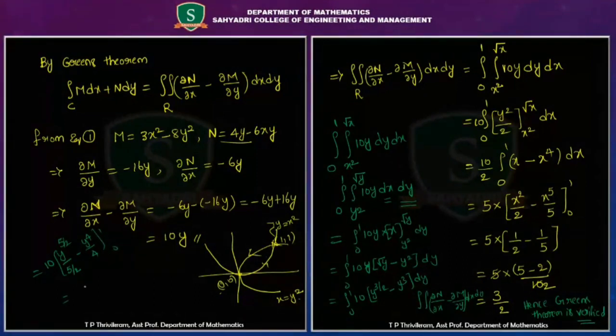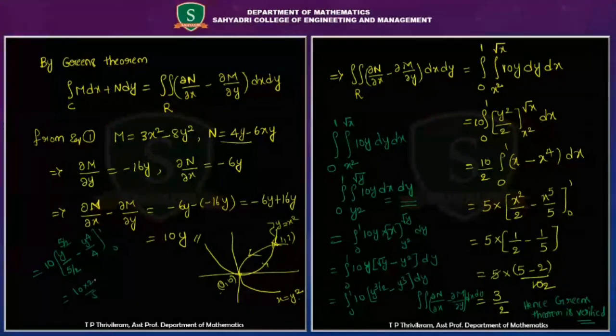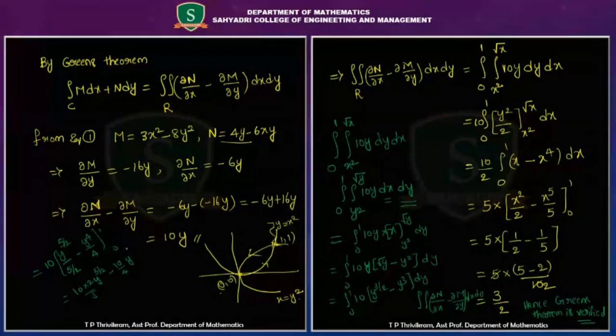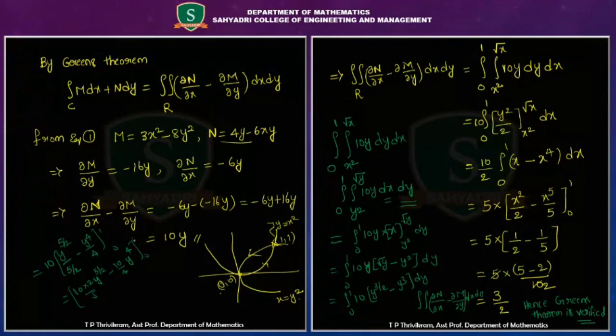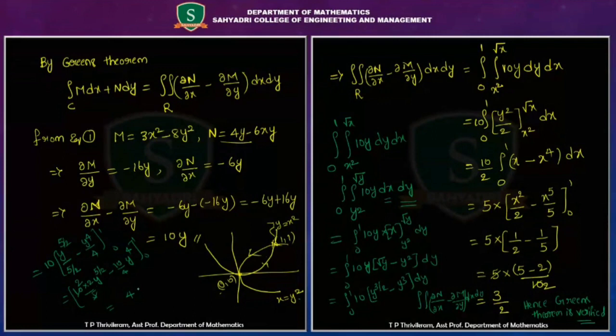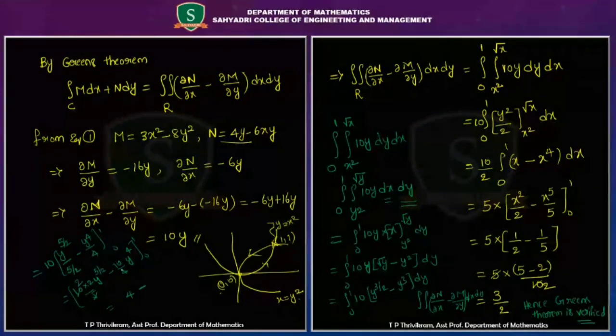So if you multiply with 10, 10 into 2 by 5, y power 5 by 2, minus 10 by 4, y power 4, having the limits 0 to 1. So this one is equal to 5 ones are 5, 2 twos are 4. 1 power anything is 1. So 4 minus 2 ones, 2 twos.